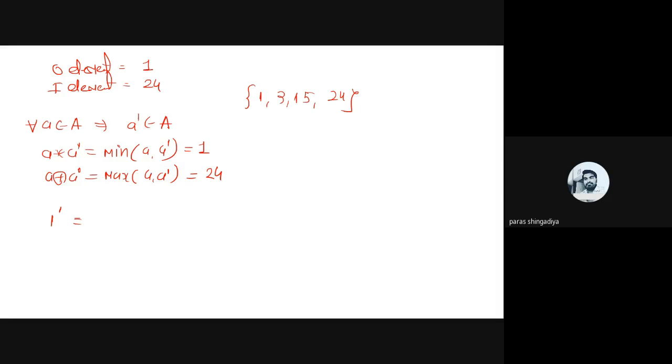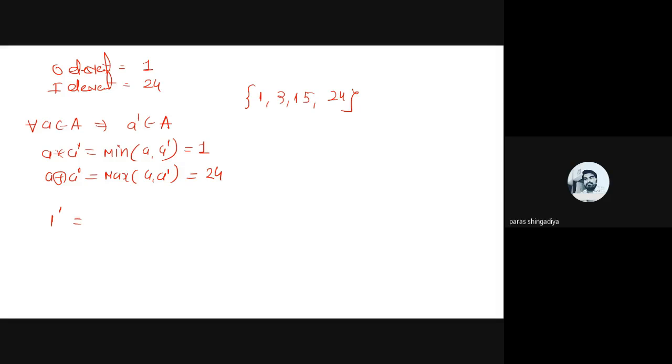So for 1 dash we cannot consider 3. Why? Because the maximum of 1 and 3 will be 3, and that is not equal to 24. 1 with 15 we cannot consider 15 either. Why? Because the maximum of 1 and 15 will be 15, and that is not equal to 24.